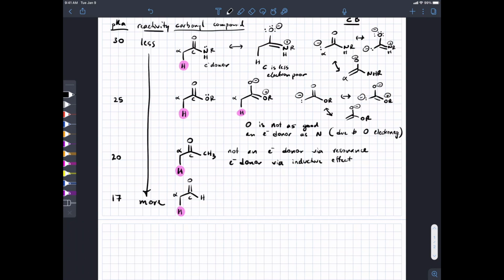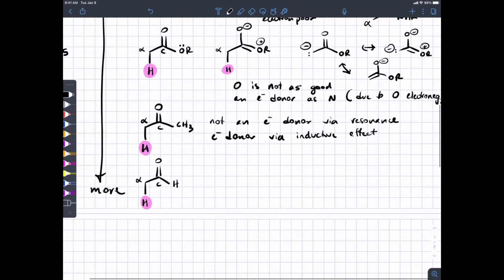And this has to do with the fact that the carbonyl carbon is sp2 hybridized and is more electronegative than an sp3 hybridized carbon. So sp3 hybridized carbons donate electron density into the carbonyl carbon via just a dipole kind of effect.